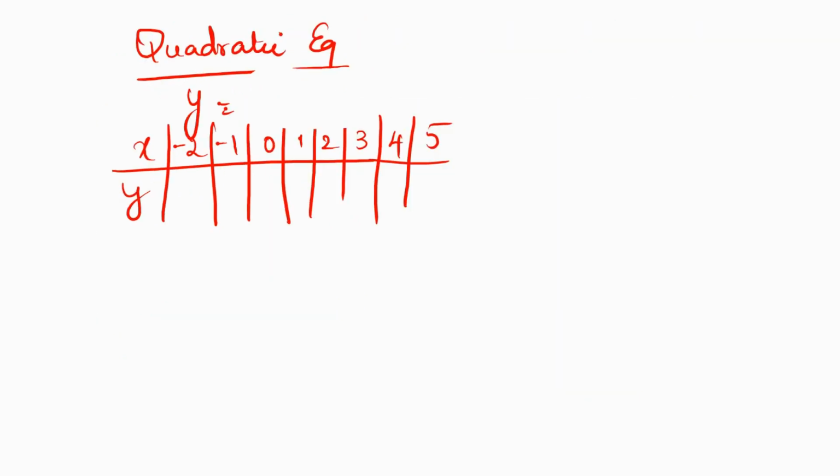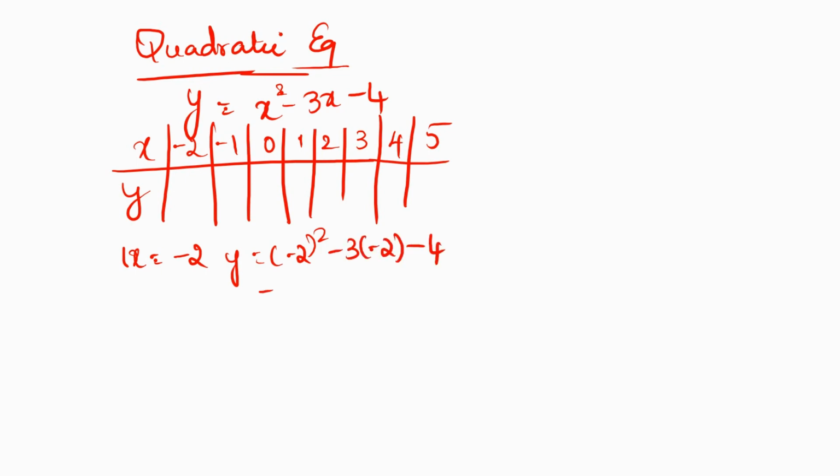Next we will see the zeros for the quadratic equation. Consider this equation y equal to x square minus 3x minus 4. Here x values are minus 2, minus 1, 0, 1, 2, 3, 4, 5. For x equal to minus 2, if I substitute this in the equation, I got y equal to 6.